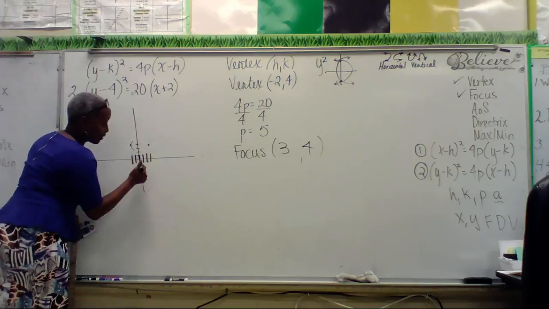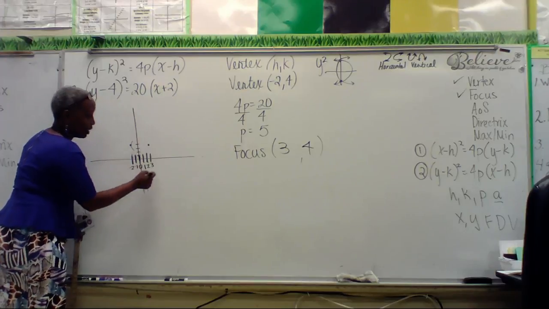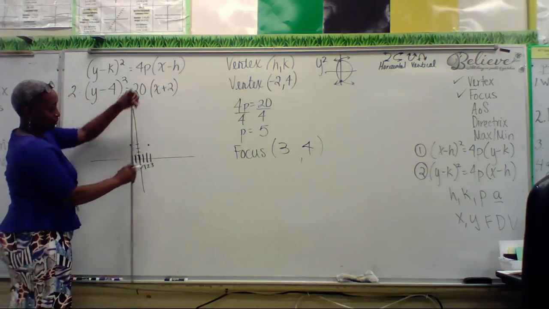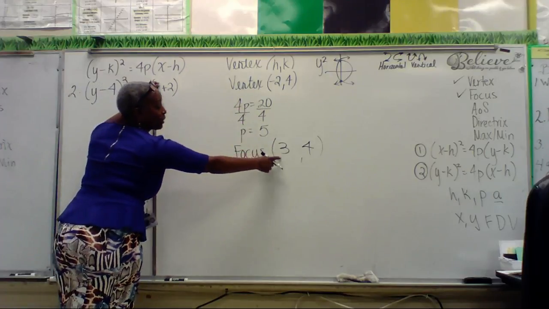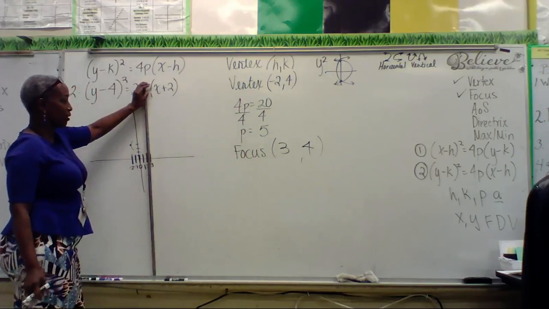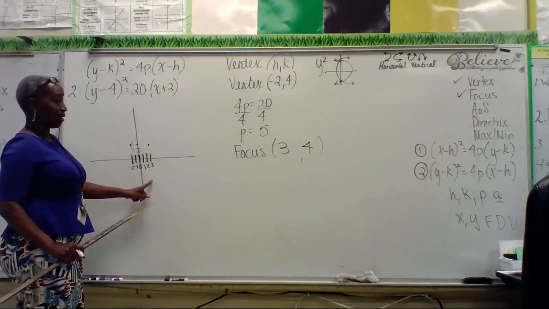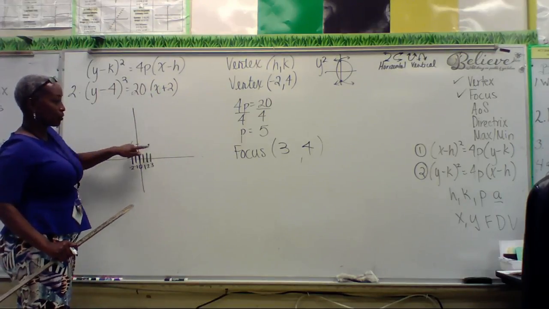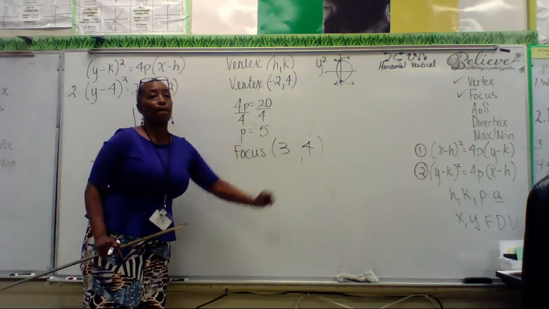So if this is 0 right here, that's 1, that's 2, that's 3, that's -1, that's -2. So I'm actually at 3. I'm not at 5. I went over 5, but I'm actually at 3 for the X. You see that, Rochelle? Then I have to go up 4 so that I can be in line with the vertex. So that's why I'm at 3, 4.